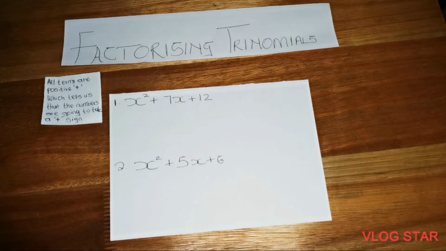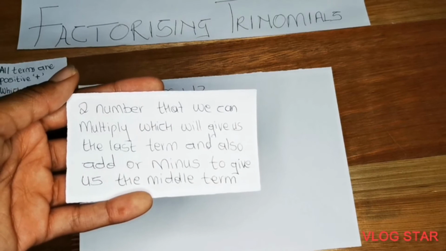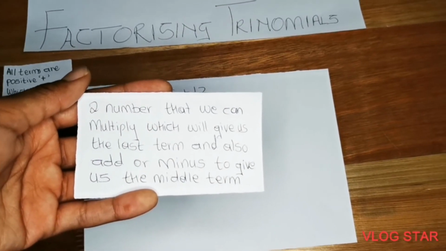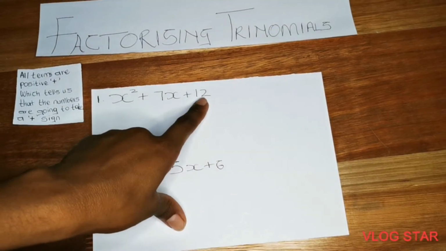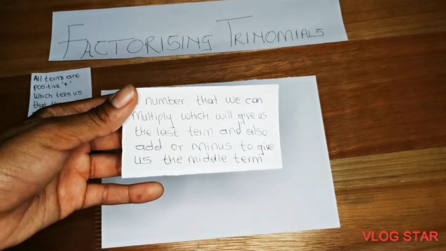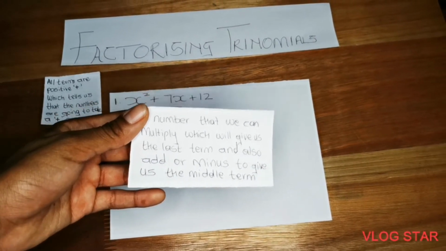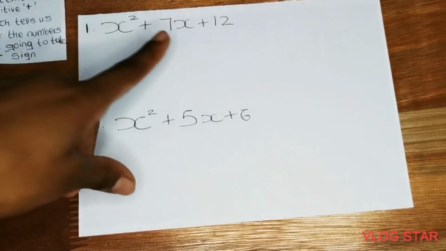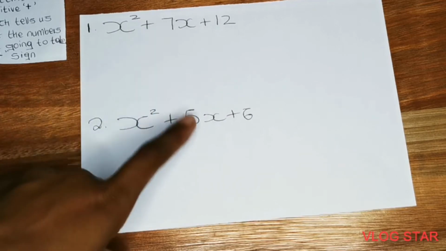So what is the principle of factorizing of trinomials? The principle tells us that we must find two numbers that multiply to give us the last term. Which is the last term? We have 12 and we have 6. And those two numbers that we find must add or subtract to give us the coefficient of the middle term.